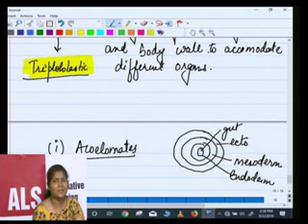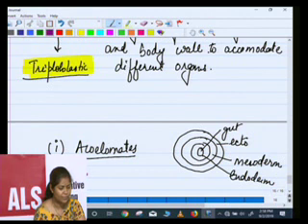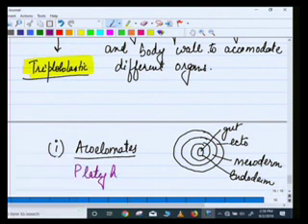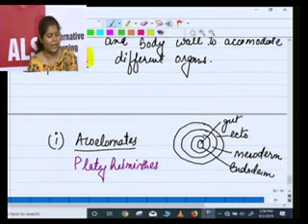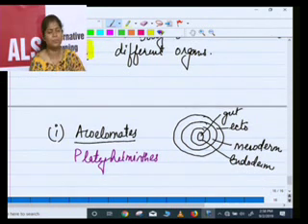A means absent, coelomate means coelom present or not. The only phylum to have no coelom is Platyhelminthes. They don't have a coelom.